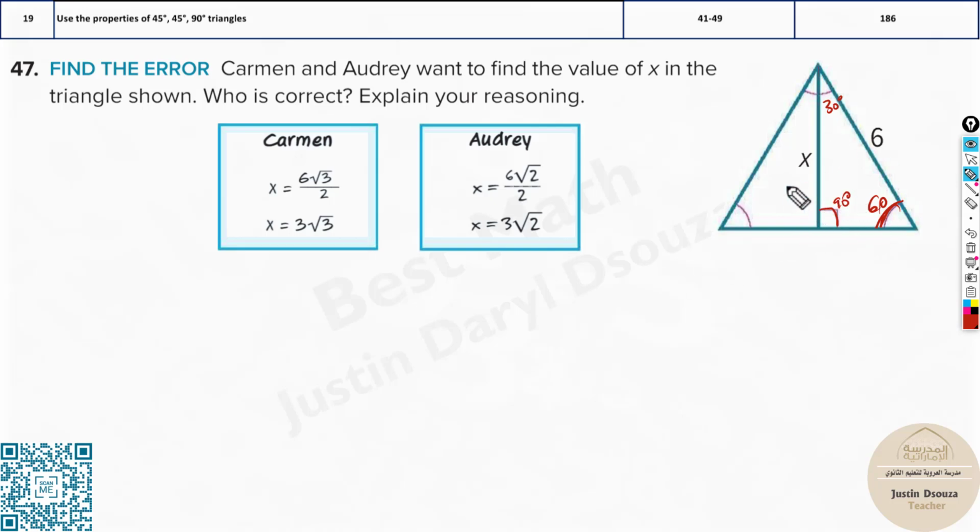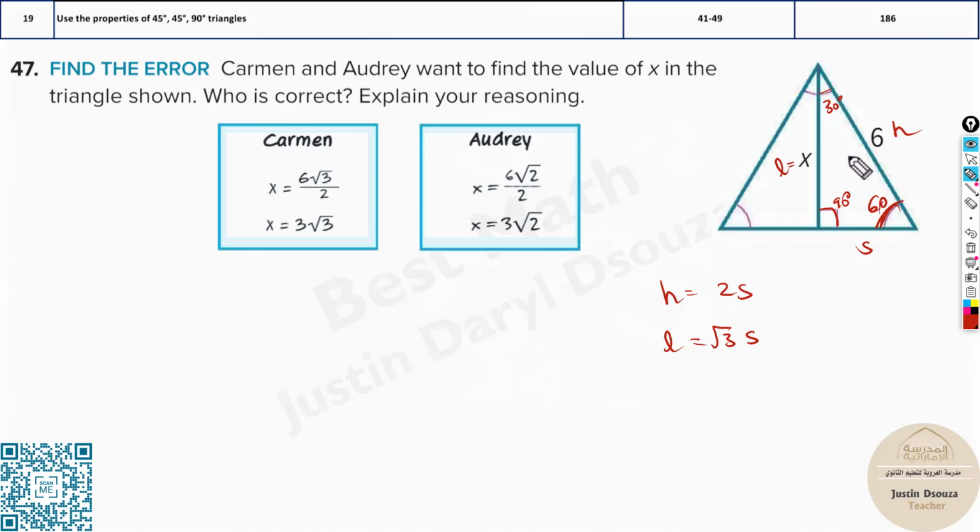Now then, what formulas work over here? I'll write both the formulas. One is the hypotenuse is equal to 2 times the shorter side. And one more is L is equal to square root 3 times S. Now this is the hypotenuse. This one is the longer side, which is x, and this is the shortest, because opposite to the 30 degrees is the shortest side.